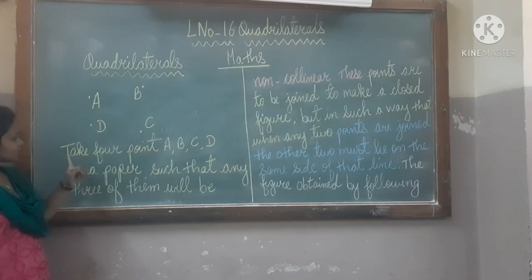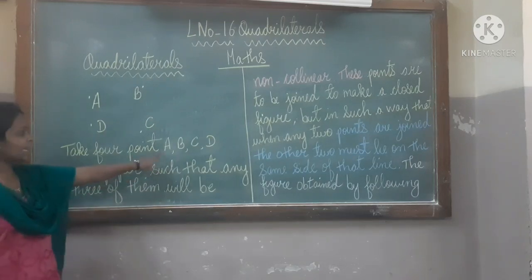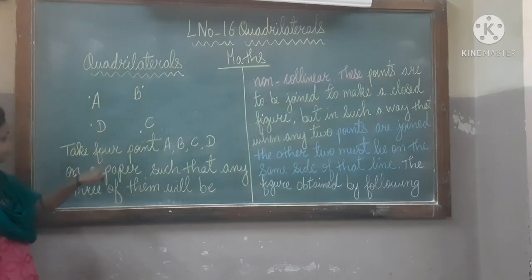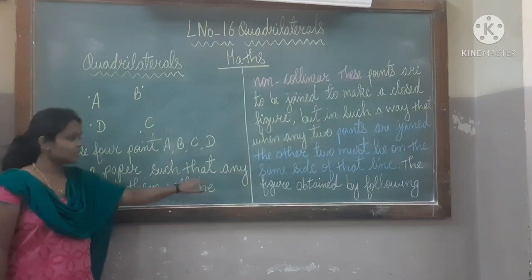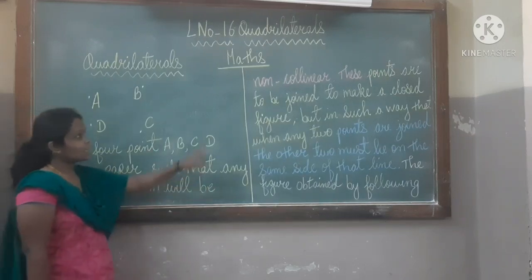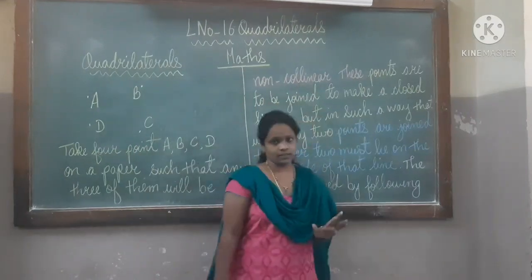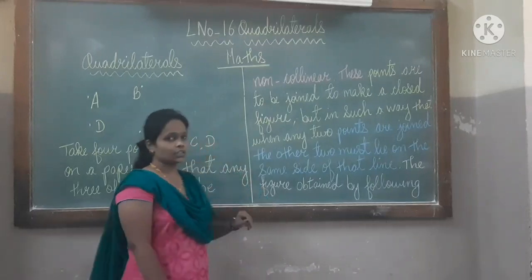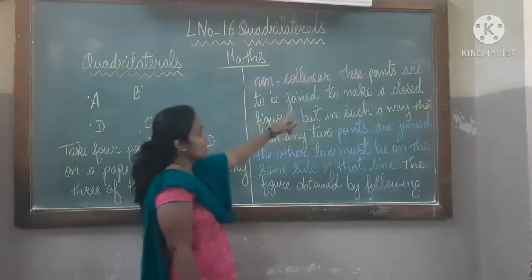So, see here, take 4 points A, B, C, D, which I have already taken on a paper, such that any 3 of them will be non-collinear. Any 3 of them should be non-collinear. You know what non-collinear points are.